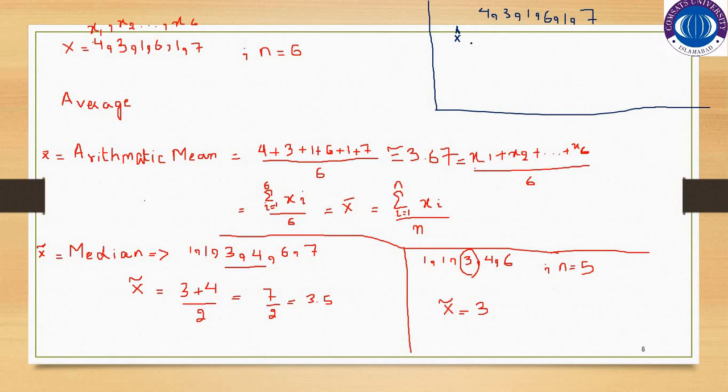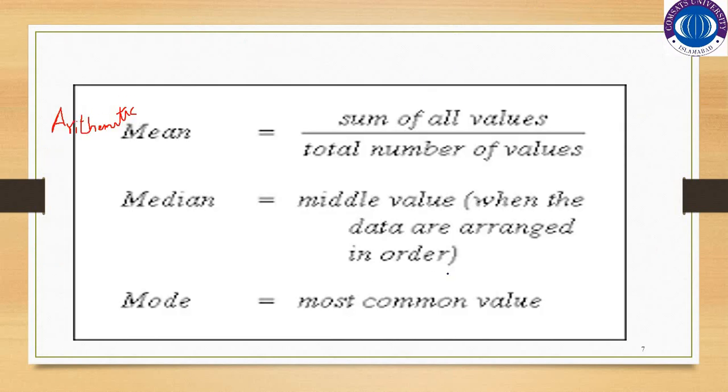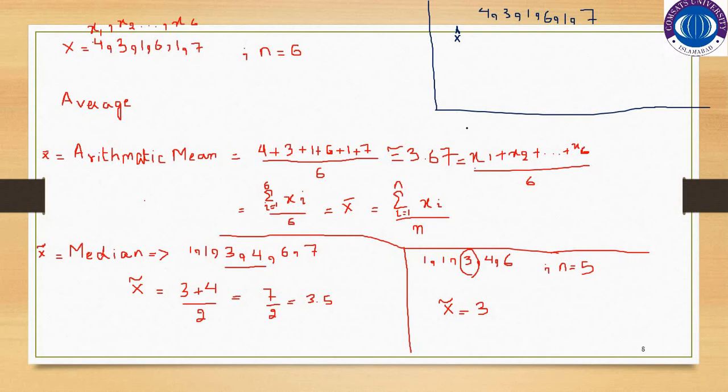So if we define mode, this is the most common value. So the mode of the data is 1. Keep in mind that there could be more than one mode in the data, and it is also possible that there is no mode in the data.